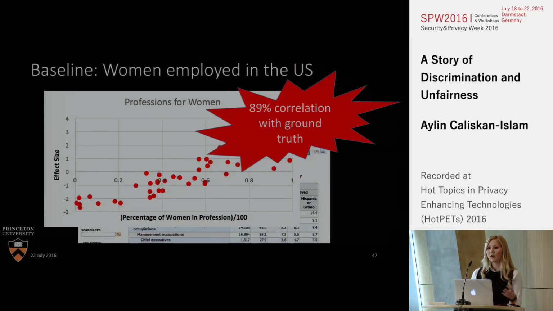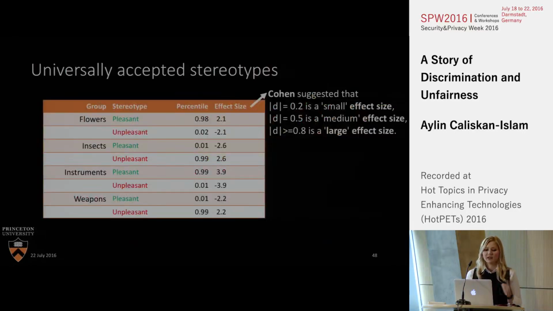So this is showing us that we are able to see meaningful information from these language models that have been trained from unstructured data, from billions of documents of text, and they're still able to capture a lot of meaningful information. And we wanted to investigate stereotypes. For example, we know that there are some stereotypes that are universally accepted that they are not even called stereotypes anymore.